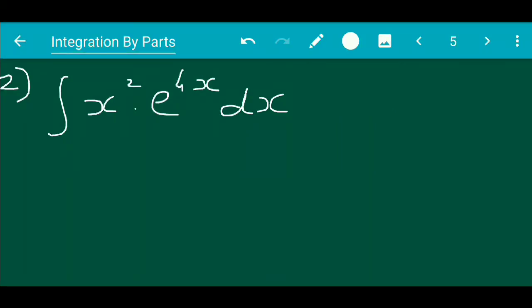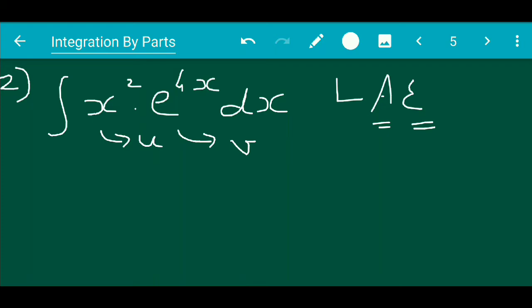In the second sum, the question is integral of x square e raised to 4x dx. Now, using the rule LAE, we observe that x square is an algebraic term and e raised to 4x is an exponential term, and therefore x square becomes u and e raised to 4x becomes v.